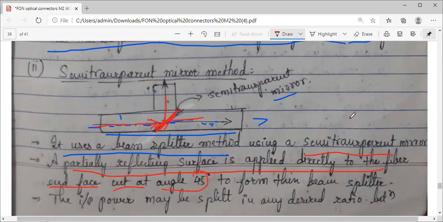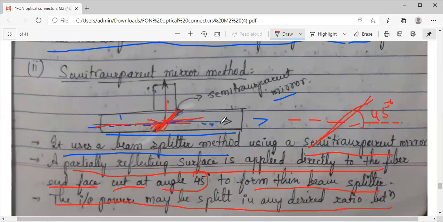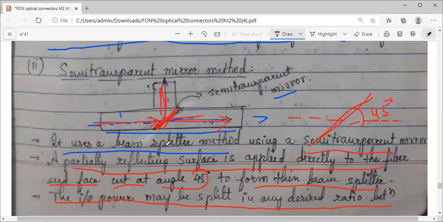At what angle is it kept? It is something like this. This is the core axis of the main fiber. This is your mirror. The angle between them is 45 degrees, to form a thin beam splitter. The input power may be split in any desired ratio. You can control how much you want to be reflected.